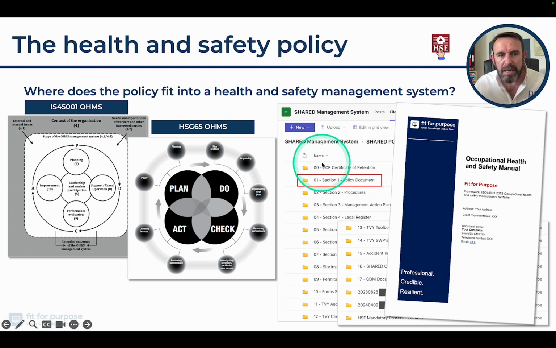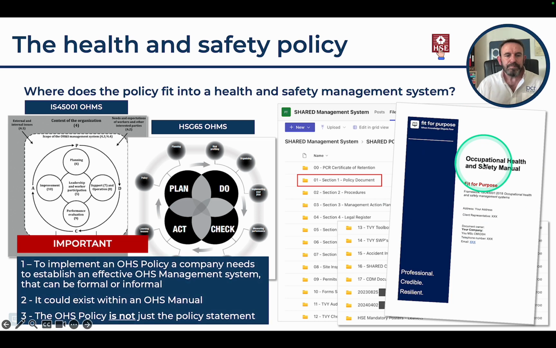As we've just said, it could be in a formal management system that's certified. It could be in an informal management system, HSG 65 from the HSE, or it could be articulated, described, recorded inside a manual. It really is important to remember that to implement the policy, a company needs to establish that effective management system.